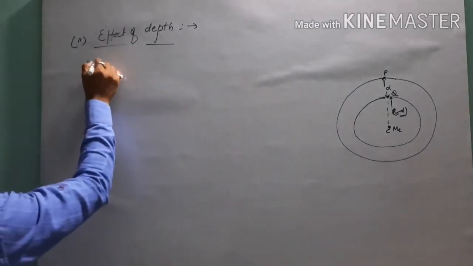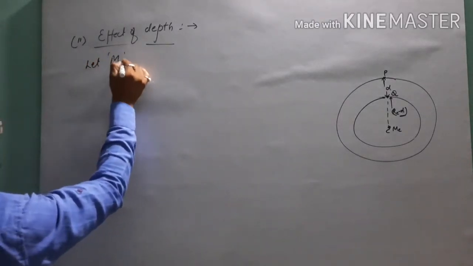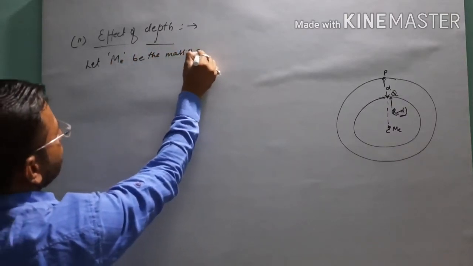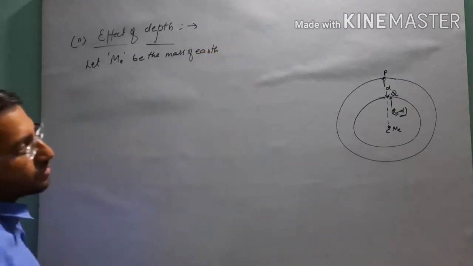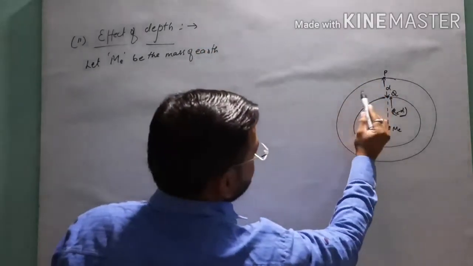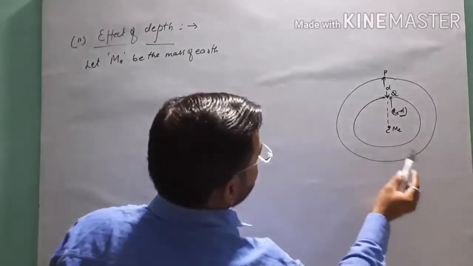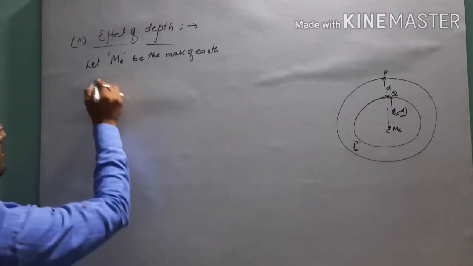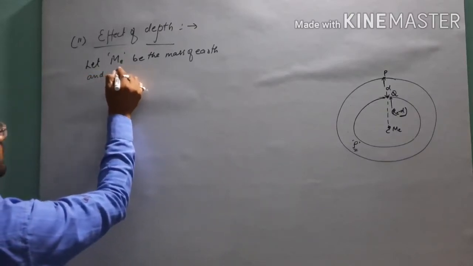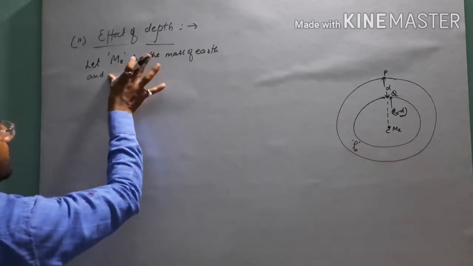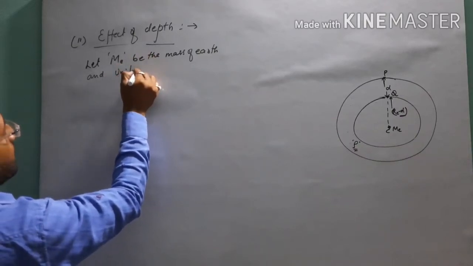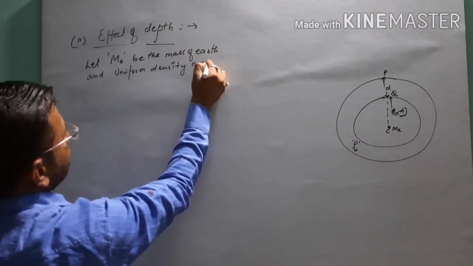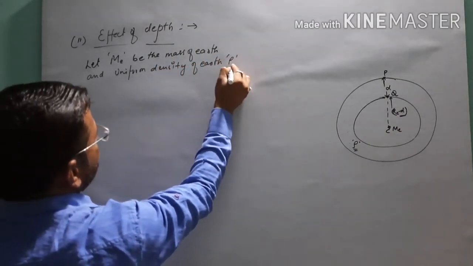So initially we can say that Me is the mass of earth. For this condition, I will use one more term. Suppose the earth has uniform density rho. Point clear?